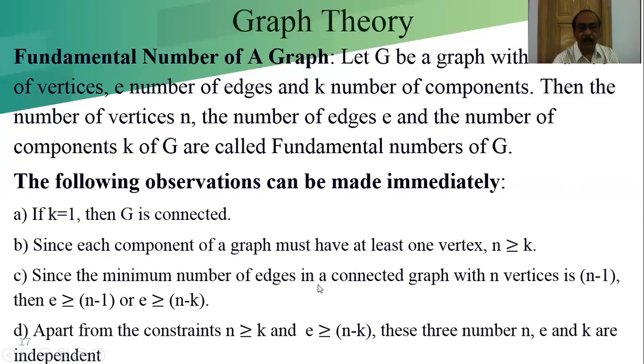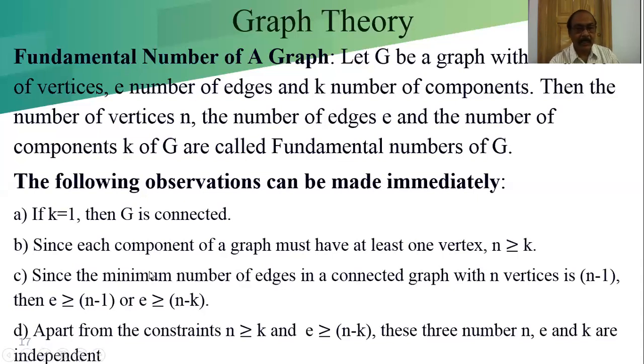Since the minimum number of edges in a connected graph with n vertices is n minus 1, that is the theorem we already learned in previous classes. When we proved this, I used the term connected. So e is greater than or equal to n minus 1, or e is greater than or equal to n minus k.